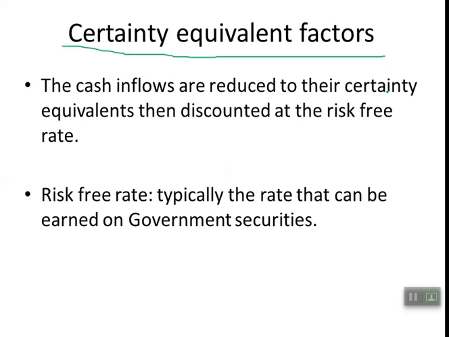The cash flows after adjusting for risk, meaning that certainty equivalent factor, is the one that adjusts the risk from your cash flows. Now, once you finish adjusting the risk from the cash flows, then when you are discounting, you should discount your cash flows using a risk-free rate.